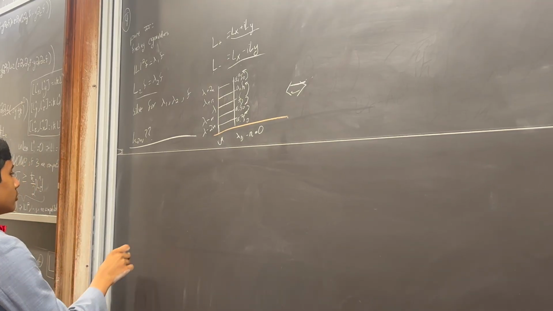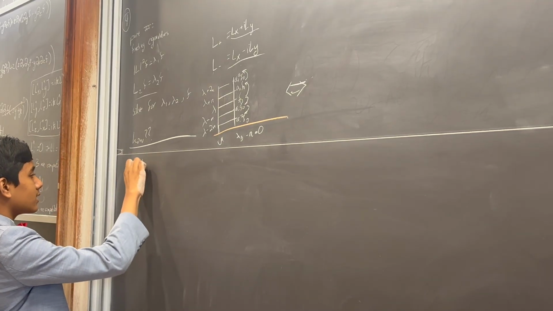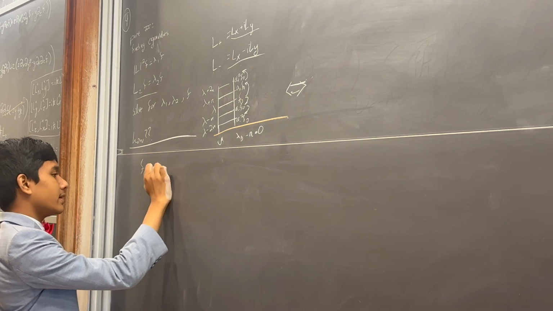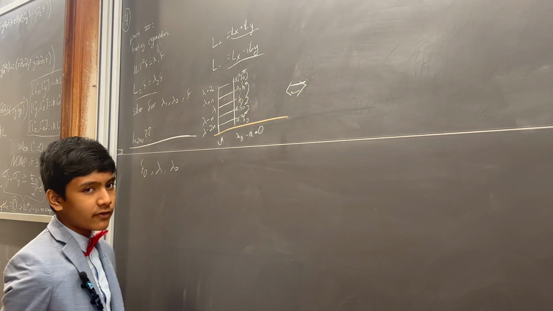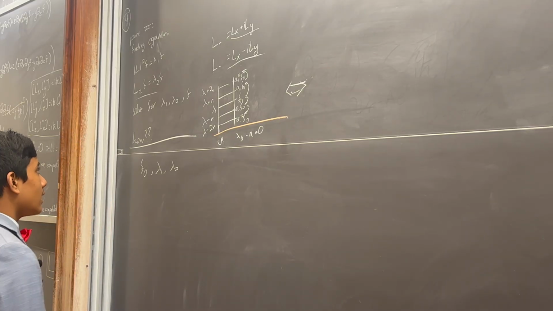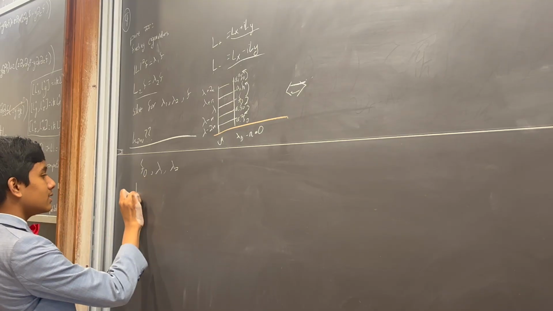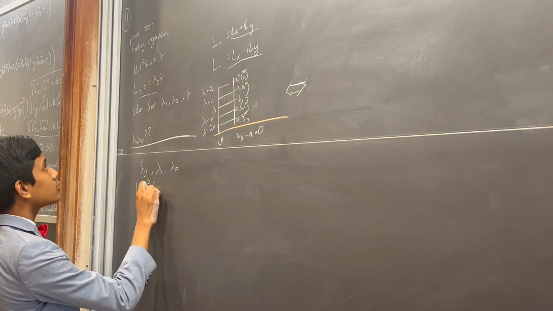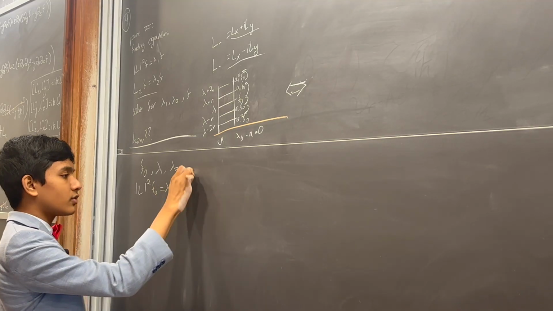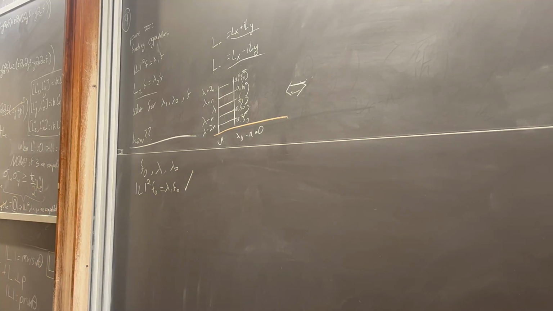So, what happens if we have a solution f naught, and to go with it, lambda 1 and lambda 2? Let's say we've already found these. Finding them is for another time. If we've already found these, then let's say L squared f naught is equal to lambda 1 f naught. This is confirmed 100% true.